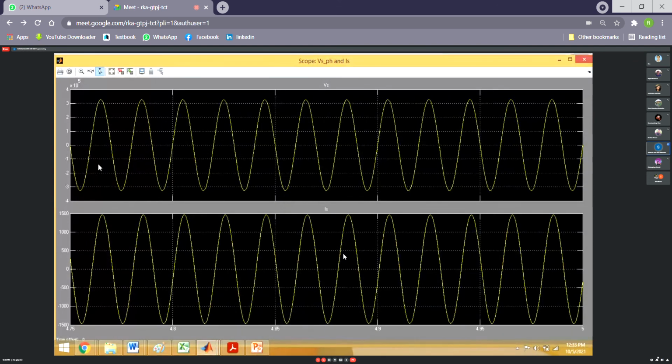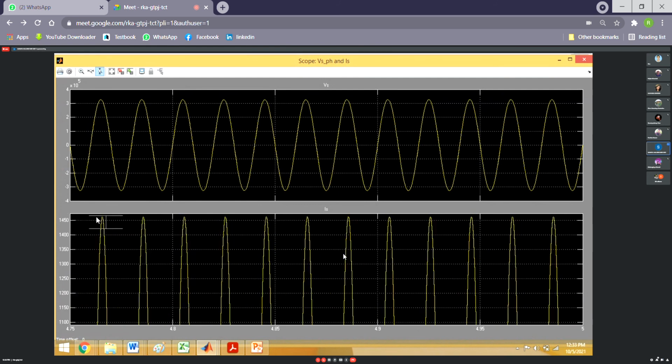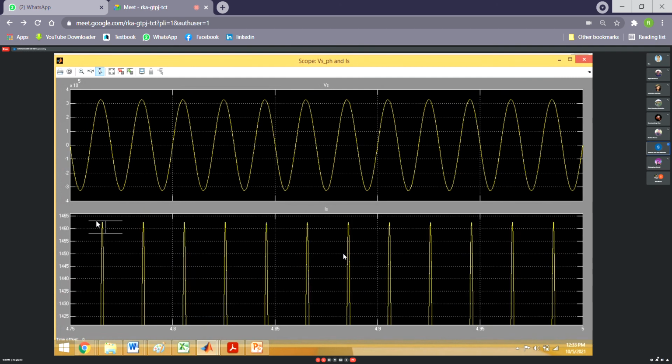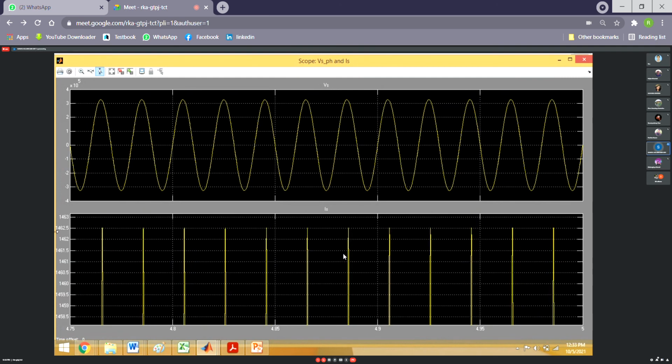You see the sending end current is now lagging, right? And current is more because the load is now more. Current is reaching the peak later than the voltage, right? So what is the value of current? It is more or less 1462.5 ampere, the sending end current.